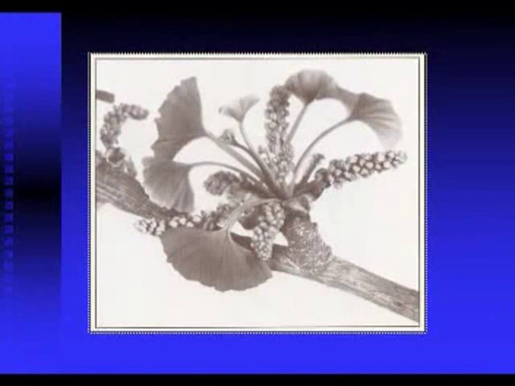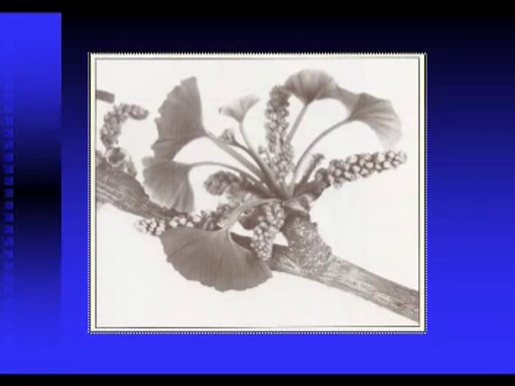My dear students, now we are going to discuss the reproductive structures of Ginkgo biloba. The plant is dioecious. It is difficult to distinguish the male plant from the female plant. The male plant has XY sex chromosomes, whereas the female plant has XX sex chromosomes.